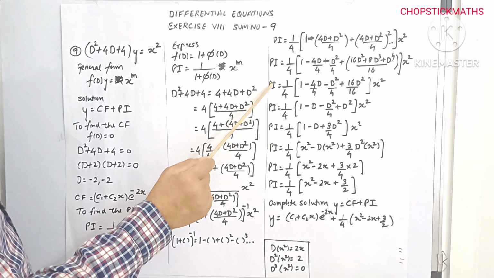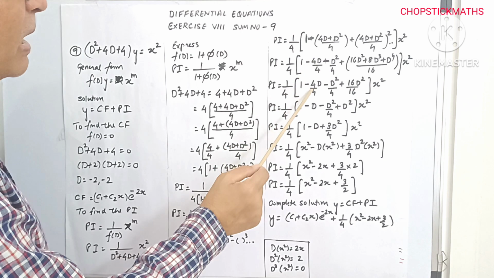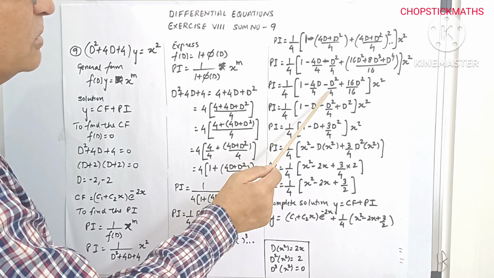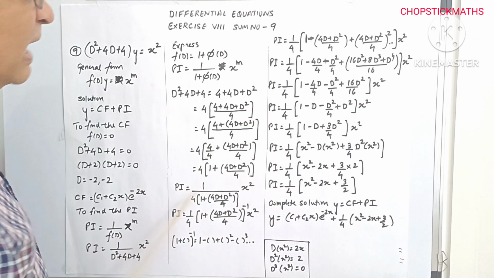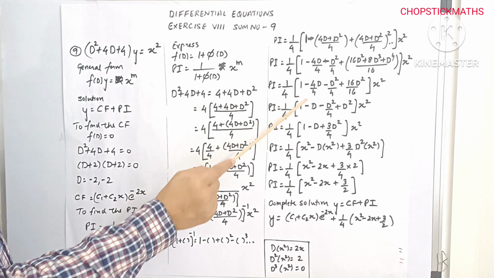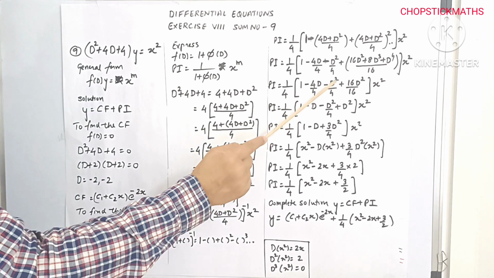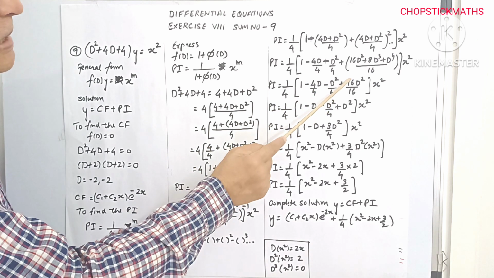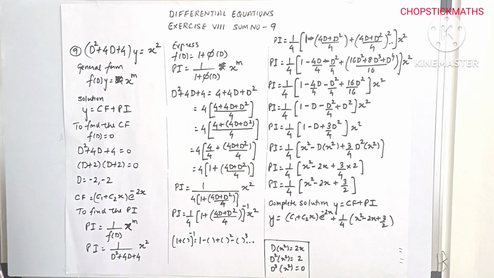So this will be PI is equal to 1 upon 4 into bracket 1 minus 4d/4 minus d²/4 plus 16d²/16 into x². So that will be equal to PI is equal to 1 upon 4 into 1 minus, 4 would cancel. So this will be 1 minus d²/4. Here 16 would cancel. So this will be plus d² into x².